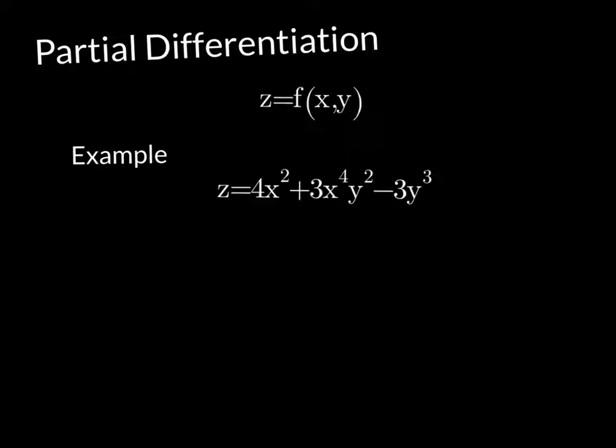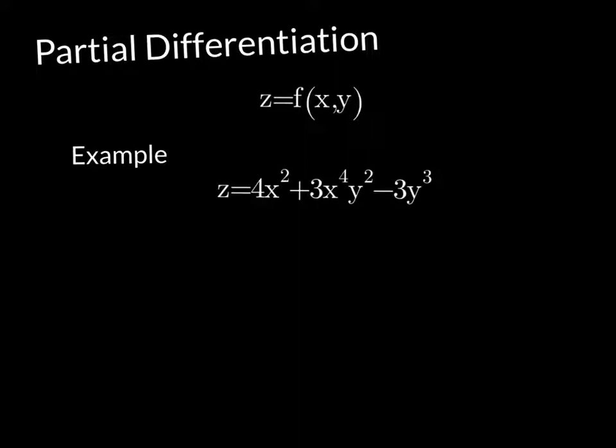So if we want to partially differentiate z with respect to one of the variables, say x, then what we have to do is differentiate each term of z with respect to x, but now we treat the other variable y as a constant, so we don't differentiate y with respect to x as we would for implicit differentiation, where we would use the chain rule to do that.